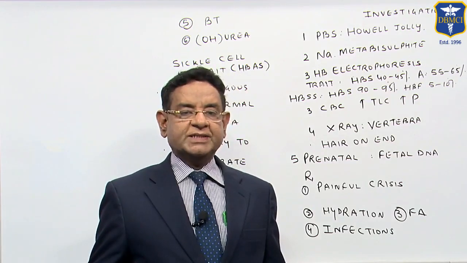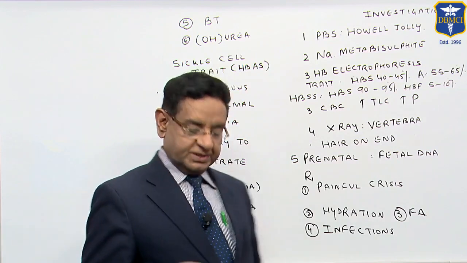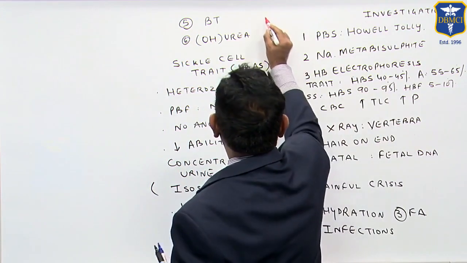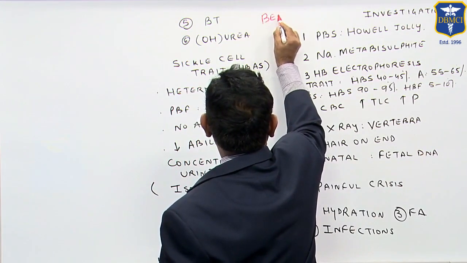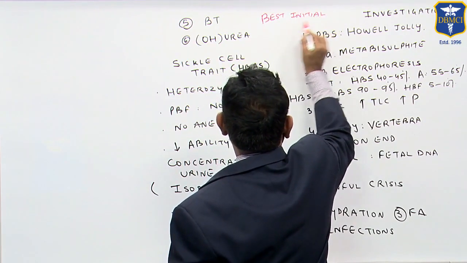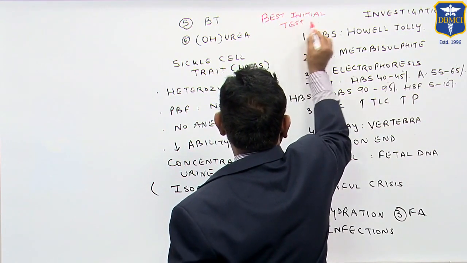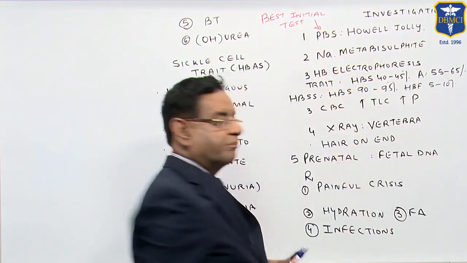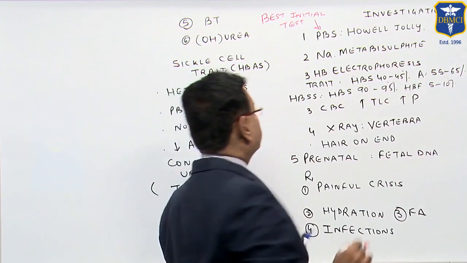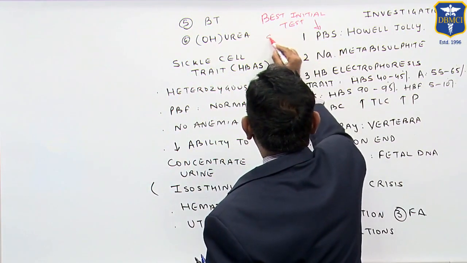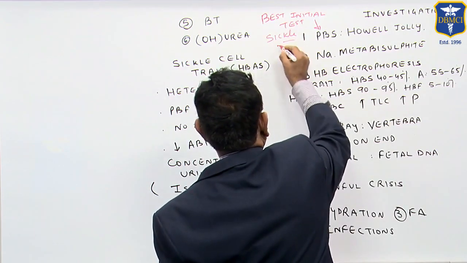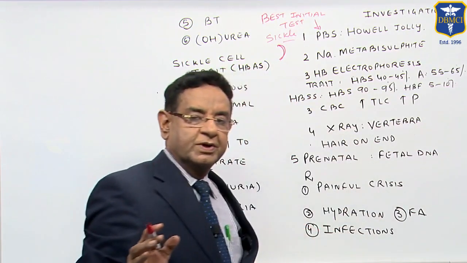Now let's see how to investigate this case. The best initial test is peripheral blood film. In the peripheral blood film, of course, we see sickle cells, which are very obvious, like this, what I already told you.